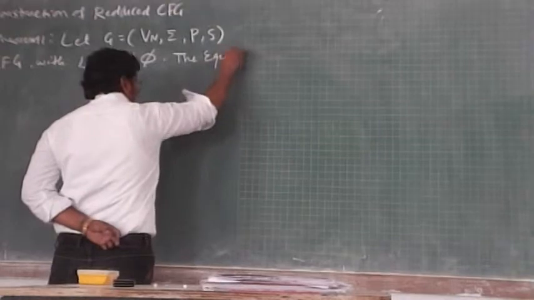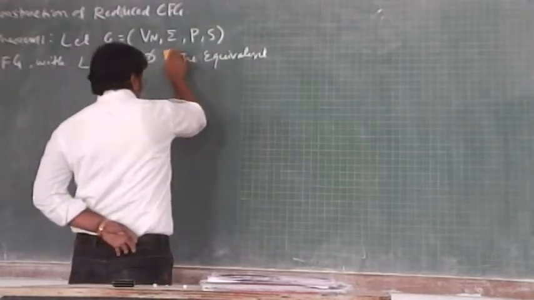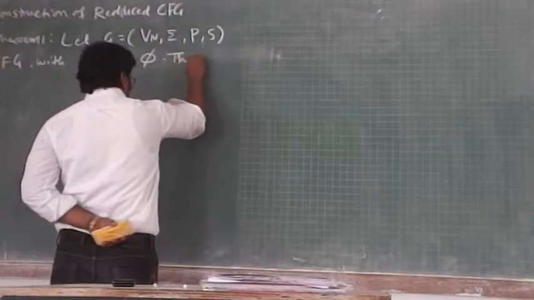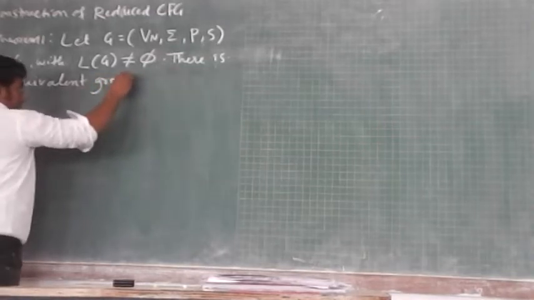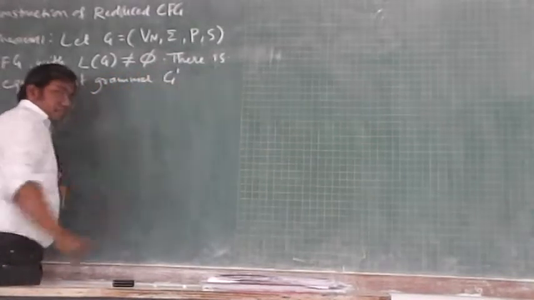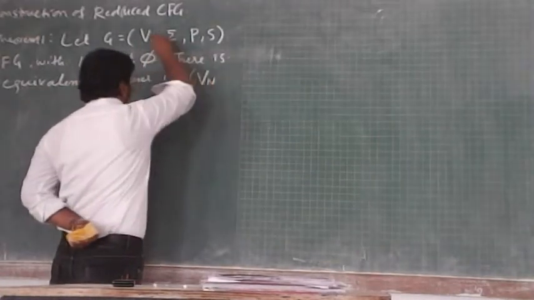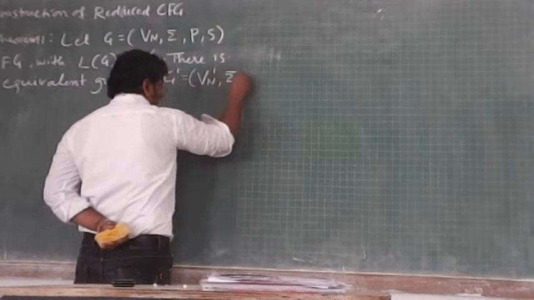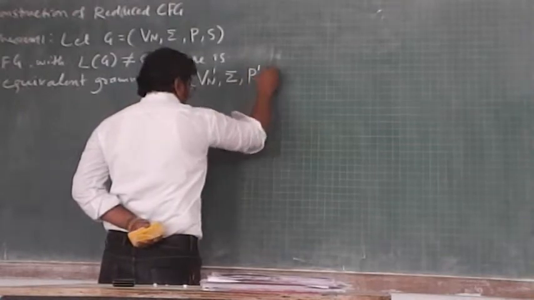Then there is an equivalent grammar G dash, again a 4 tuple, with a minimized number of variables, sigma, and a minimized or reduced number of productions, and start symbol.